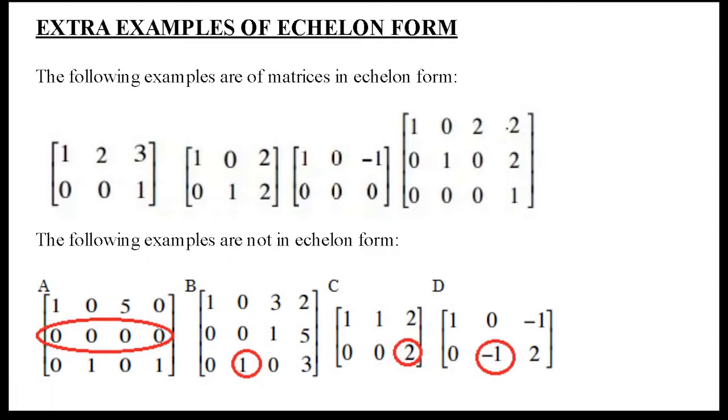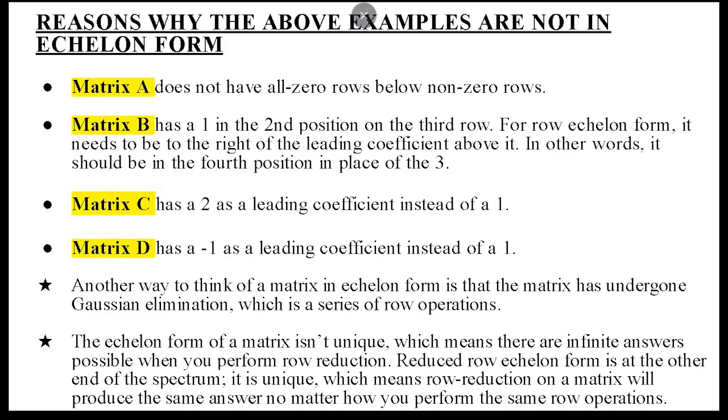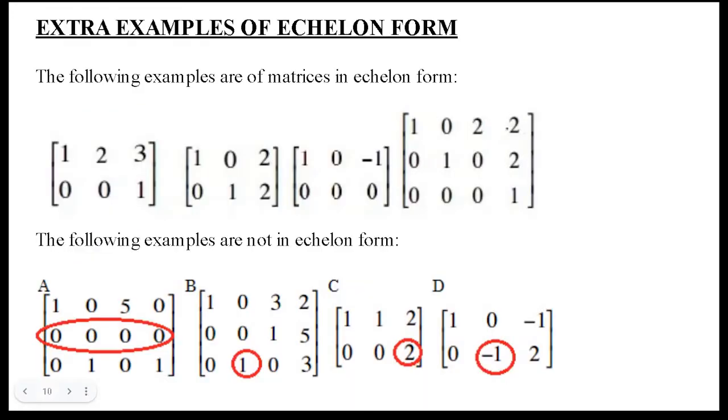The following examples are of matrices in echelon forms. And these are the following examples that are not in echelon form. Let us see matrix A. Matrix A is not in echelon form because it does not have all zero rows below non-zero rows here.